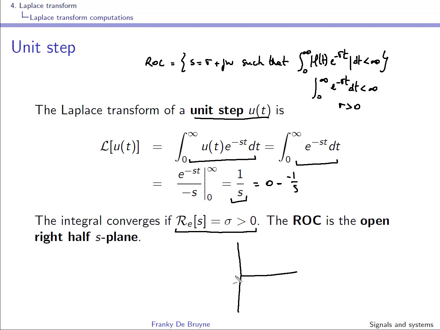If we call this the real part of s, sigma, and this the imaginary part of s, it's equal to j omega, then the region of convergence will be to the right of the imaginary axis. What we mean by open right half plane is that you can't take the imaginary axis. So it's to the right of the imaginary axis.